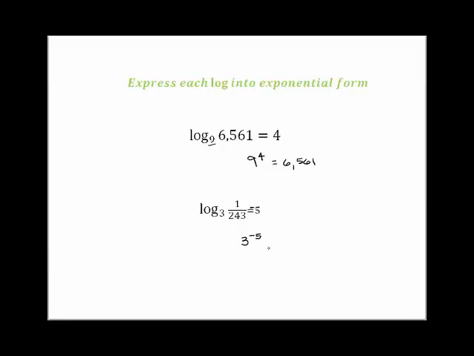A negative exponent is going to put the answer in the denominator. So 3 to the negative 5th equals 1 over 243. When we have that negative number, that's the same thing as saying 1 over 3 to the positive 5th. We invert it for the negative exponent. So we have 3 to the negative 5th equals 1 over 243. That's how to convert it.